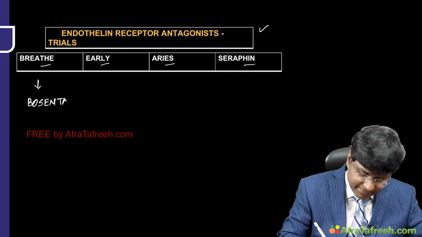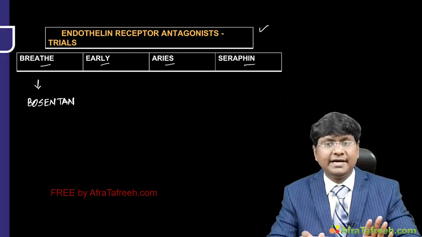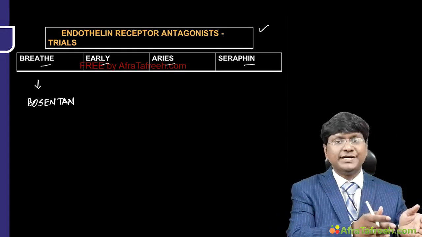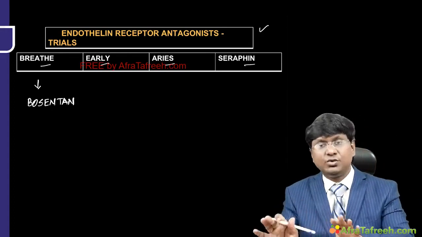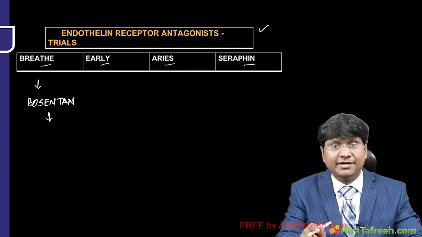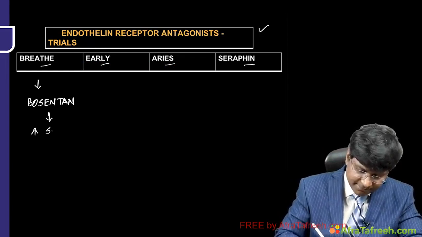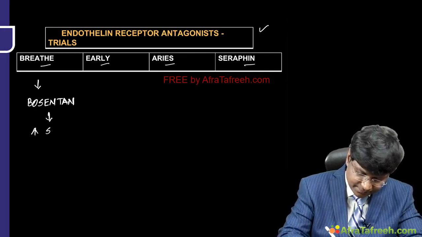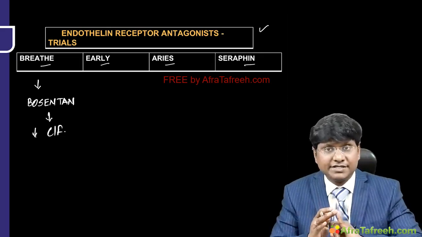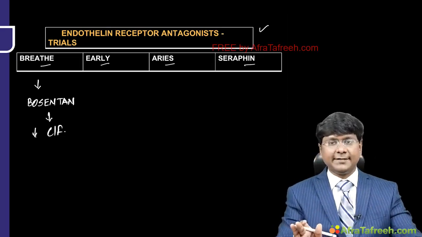So what does this BREATHE trial tell you? This is definitely a randomized trial. They have taken a population which has been split into 2. For one group, bosentan was given. For another group, only placebo was given. In the group in whom bosentan was given, there was improvement in the symptomatology: decrease in the development and progression of dyspnea, decreased fatigability, and decreased syncopal attacks.